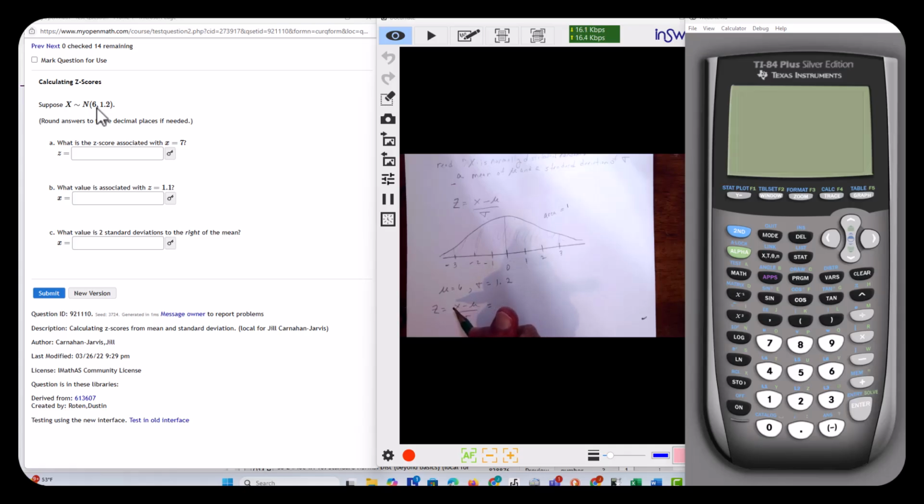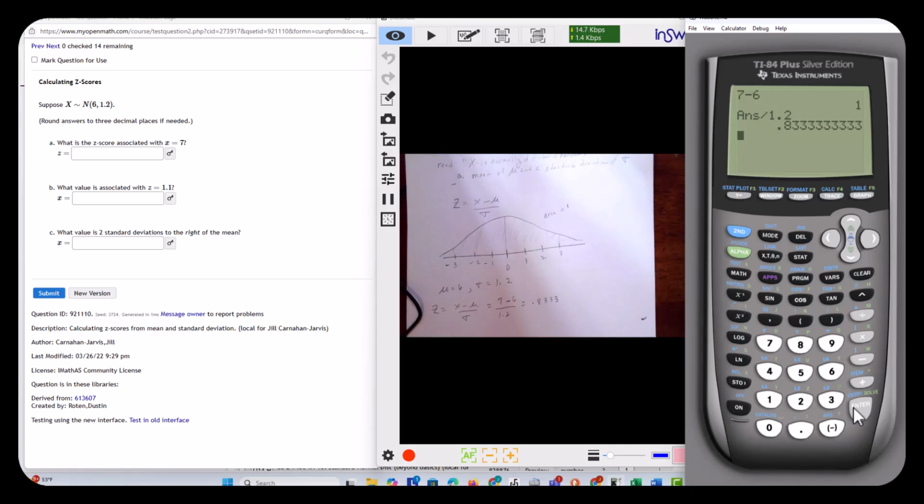I simply substitute in 7 for x, subtract off mu, which is 6 in this problem, and divide by the standard deviation, which was given as 1.2. So 7 minus 6 is 1, divided by 1.2 gives 0.8333. I'm just going to do 4 decimal places.